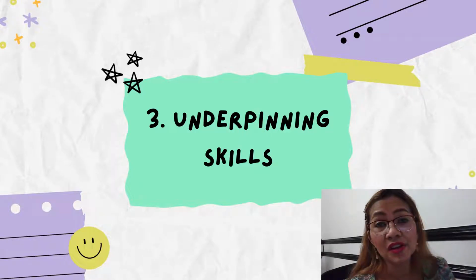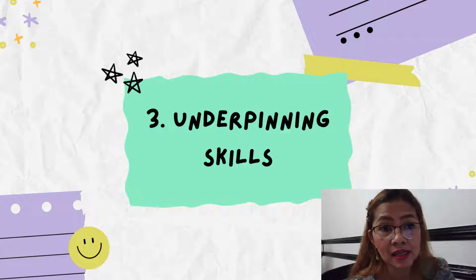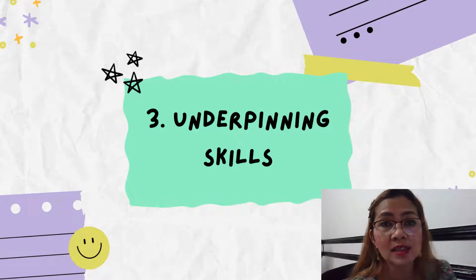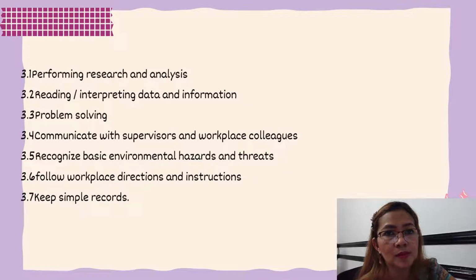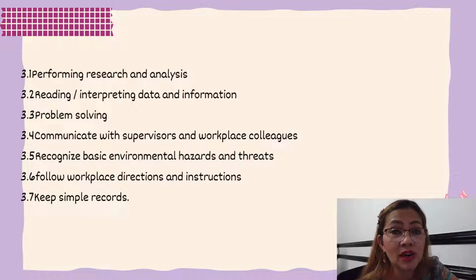The third evidence guide is underpinning skills. What are these skills that the students should possess to have their national competence in terms of environmental conservation? The underpinning skills that the student should possess as their evidence are the following.